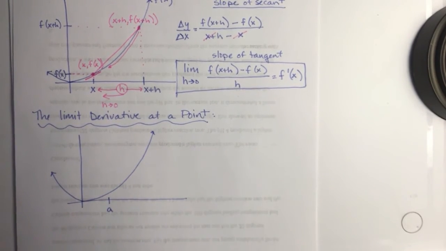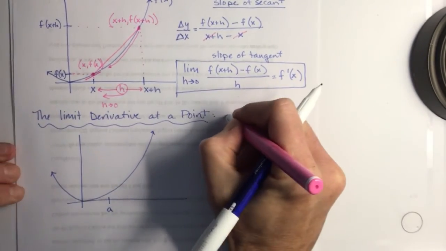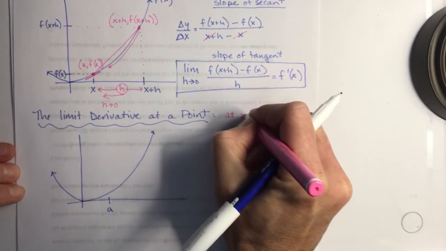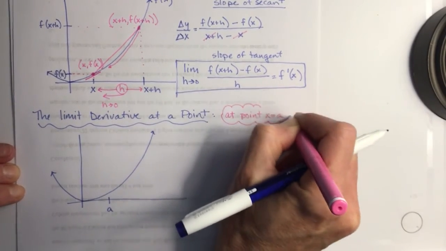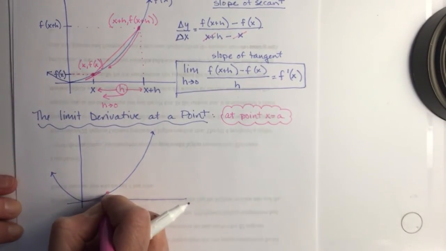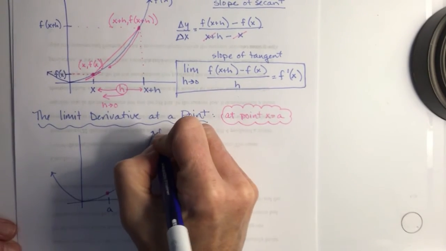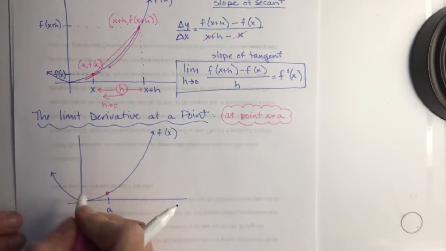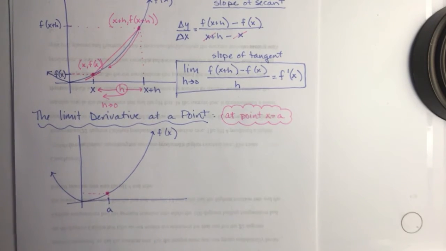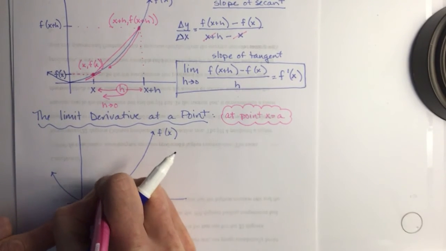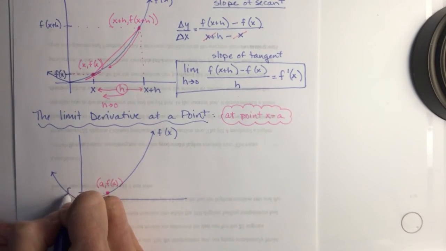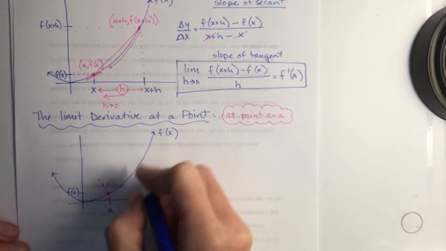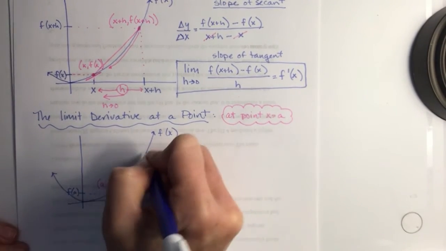So now a is our specific point, at x equals a. This is still f of x, and we've got this point here, a comma f of a.